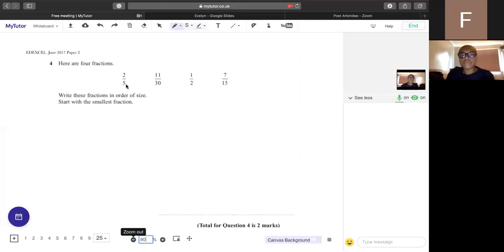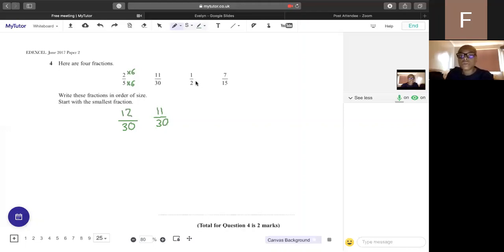So 2 over 5, to get from 5 to 30, we'd need to multiply by 6. So we need to also multiply our numerator by 6 as well. So 2 times 6 is 12 over 5 times 6, which is 30. So we've got 12 over 30 here. Then we've got 11 over 30, which is exactly the same. You don't need to change that.